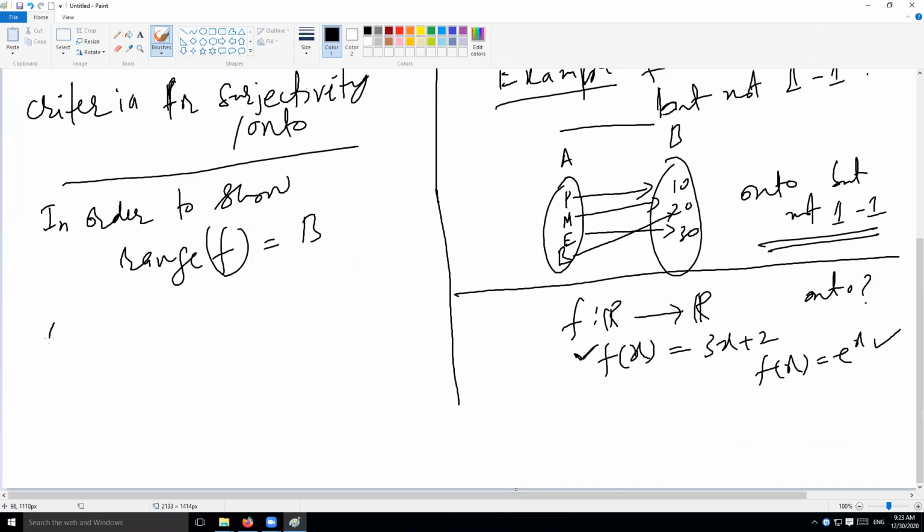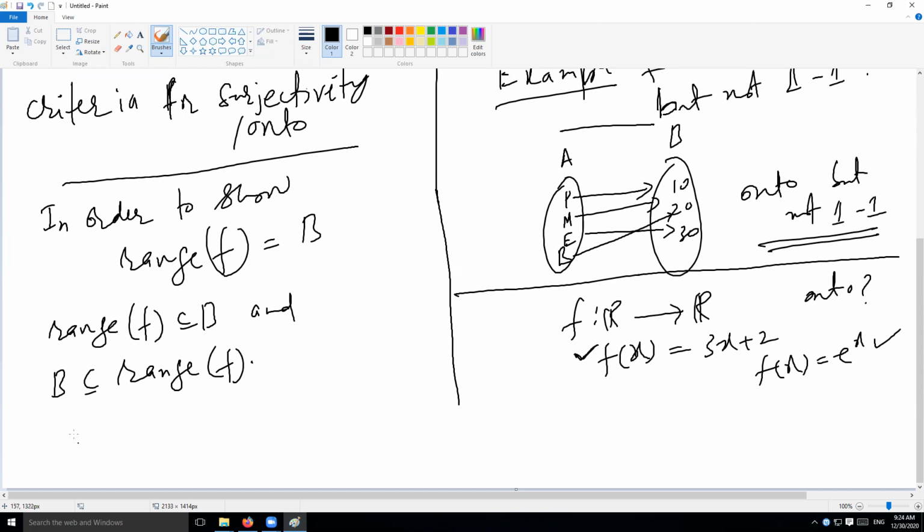So I have to show that the range of function f is a subset of B, and B is a subset of the range of f. That's what we have to show actually. That range must be a subset of B and B is a subset of range f.